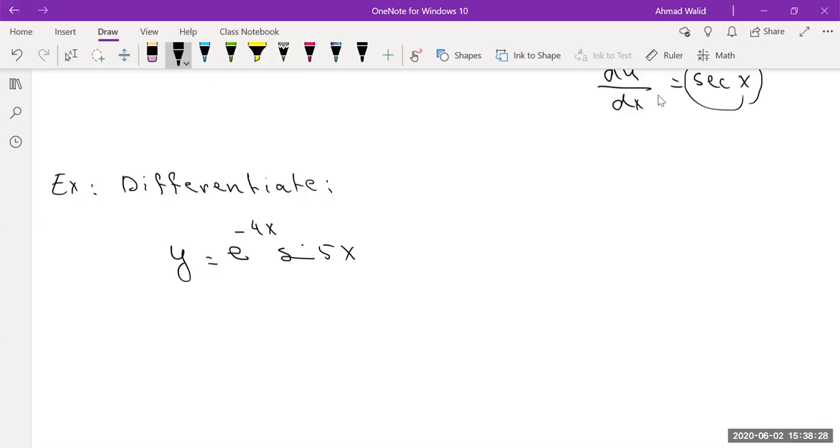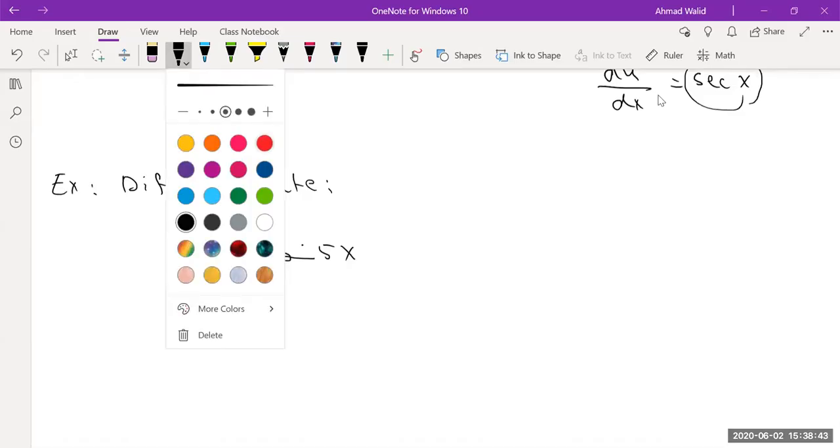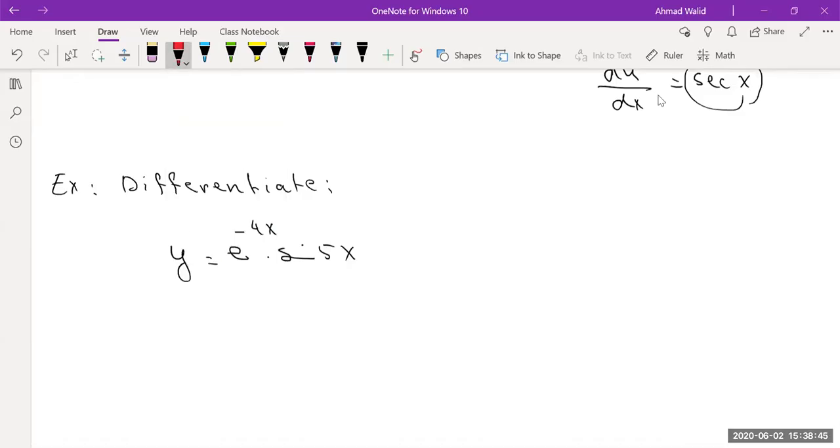This example is a little bit more complicated than the first example, because here, if you remember from calculus 1, you are dealing with the product rule, correct? E to the power of negative 4x, this part is f, it's one function.